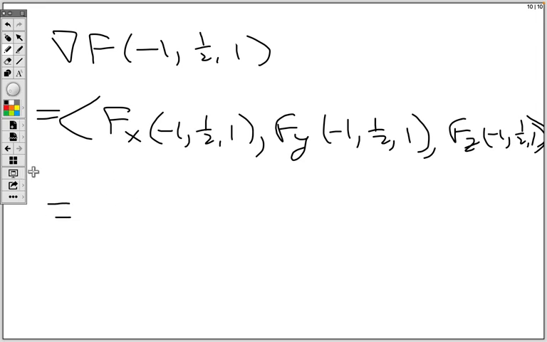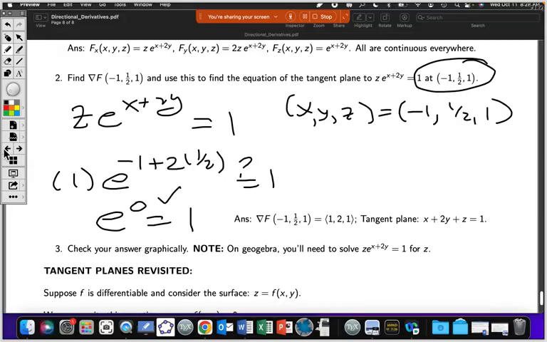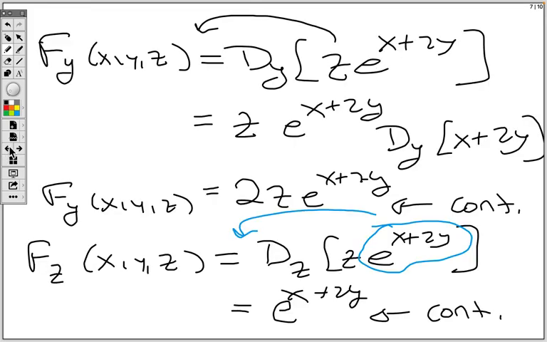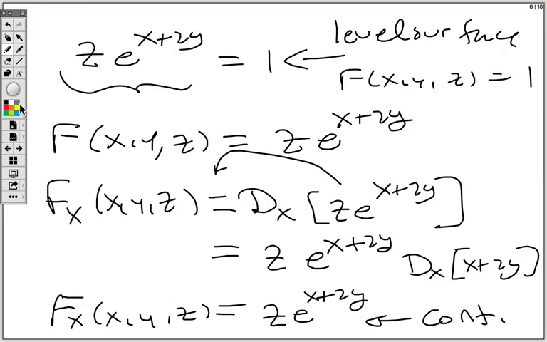So now I go back to my partials. So let's go back to fx here. I want to find fx at negative 1, 1/2, 1. So the x plus 2y, that would be a negative 1 plus 1. So that's going to be an e to the 0, which is 1.